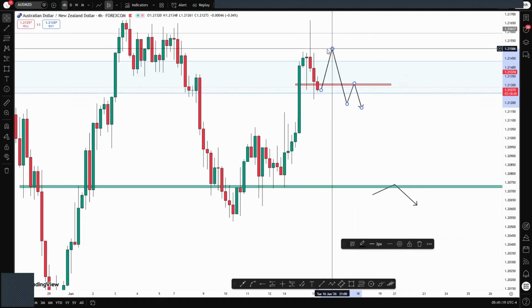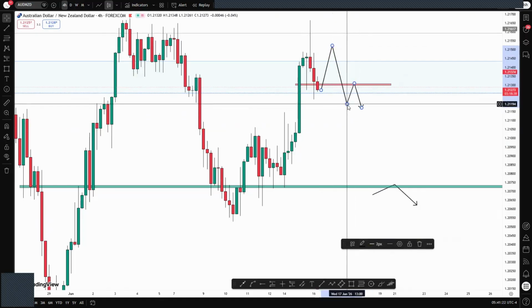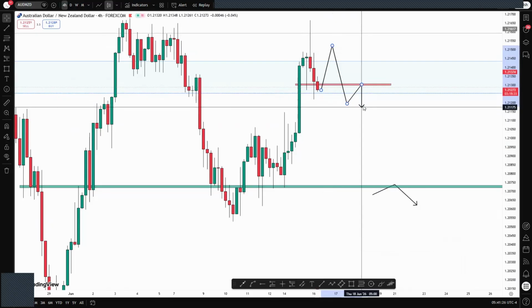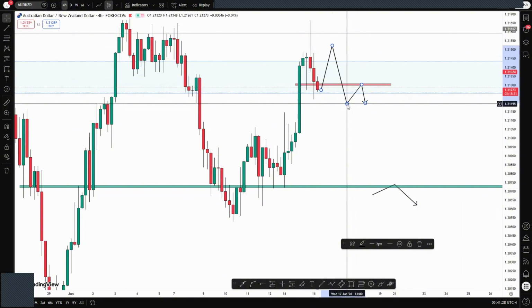Price to push up here, price to break below, price to retest, and then price to give us that retest.